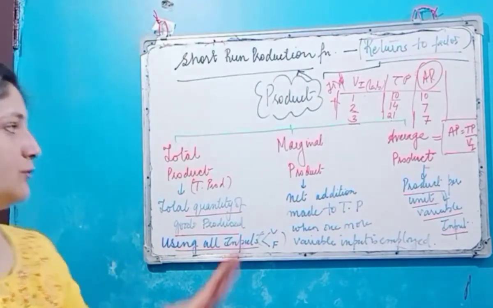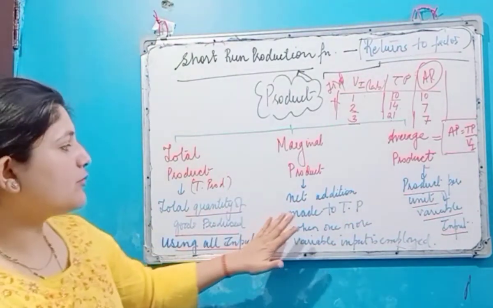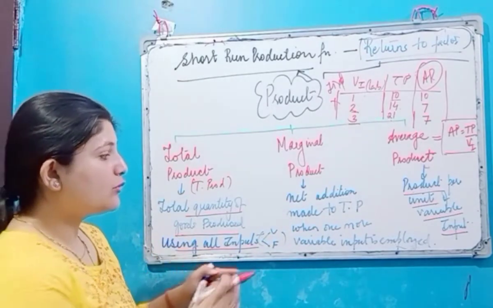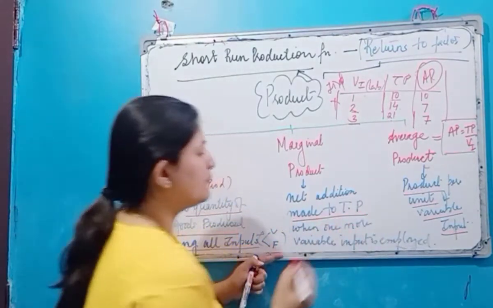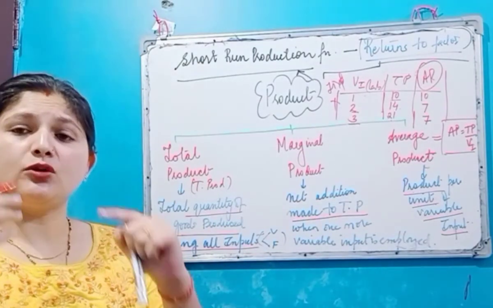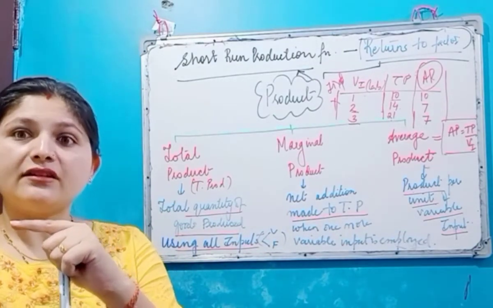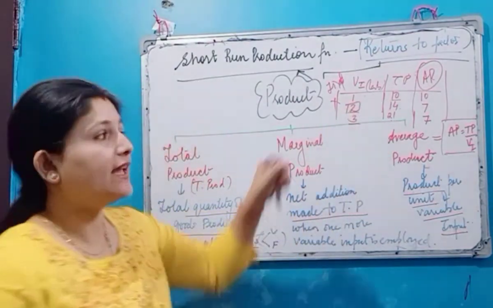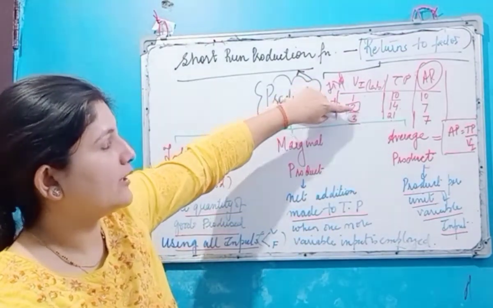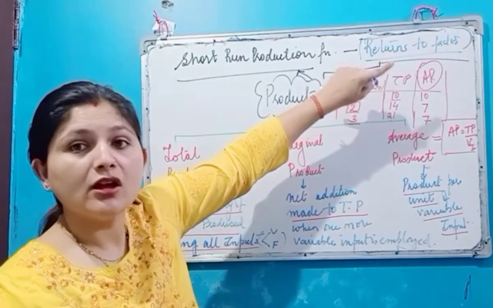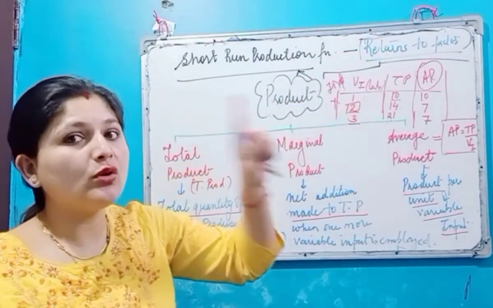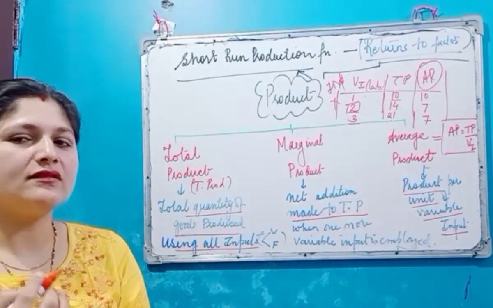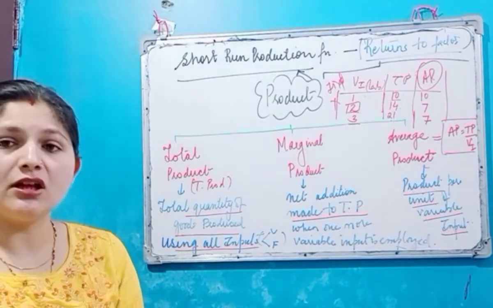Now marginal product. Marginal product is the net addition made to total product when one more variable input is employed. When total product increases because of an increase in employment of the variable input, when the second labor came after the first, there has been an increase of 4 units of production. This 4 units is nothing but marginal product. This concept is very similar to total utility and marginal utility.